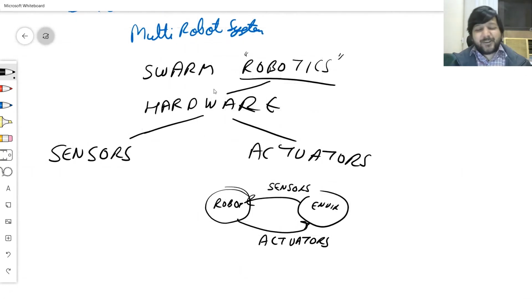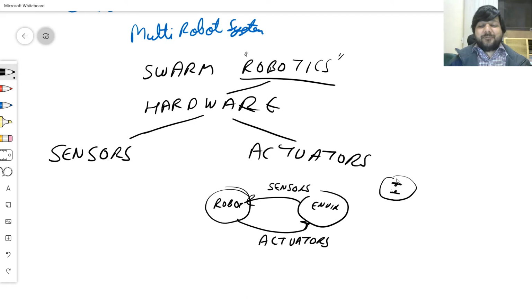In terms of actuators, typically you have a robot like this, which has two wheels and a small wheel here. The wheels don't cost much, driven by a DC motor, which also doesn't cost much.